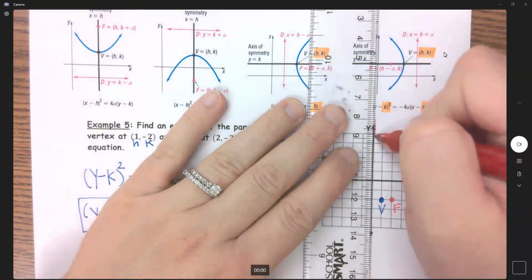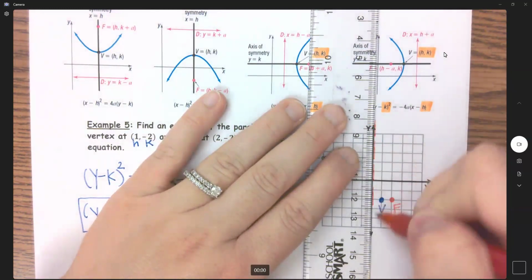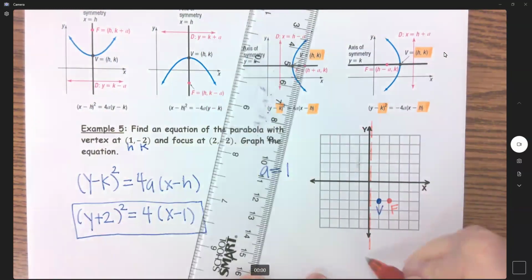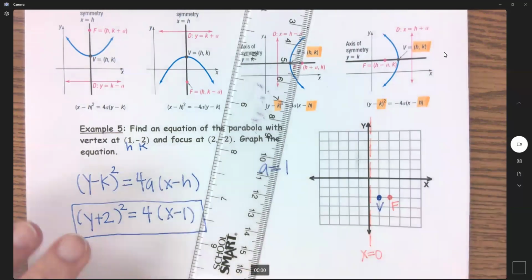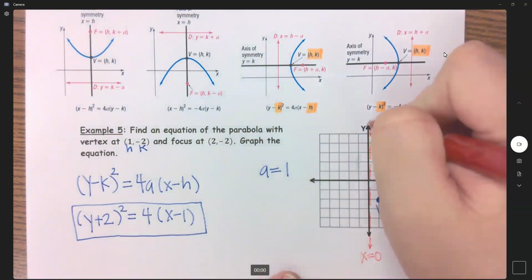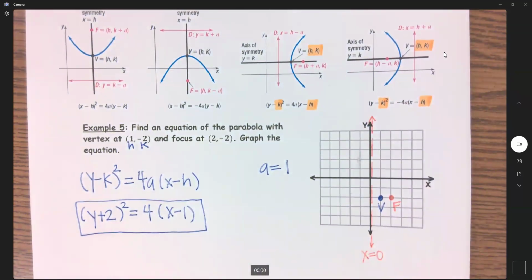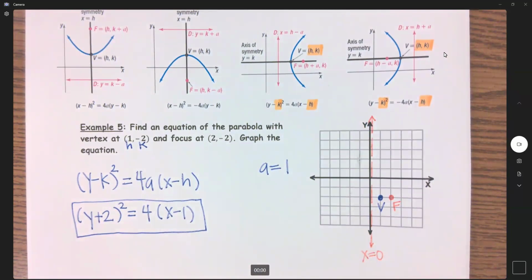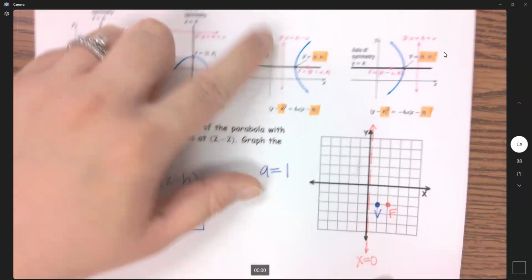And here is my directrix at x equals 0. So either use the graph or use this.